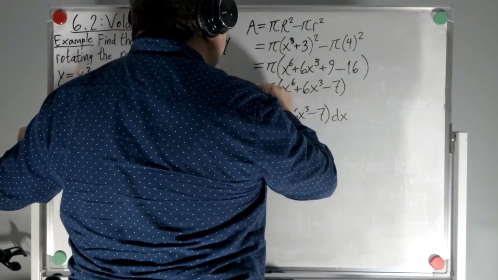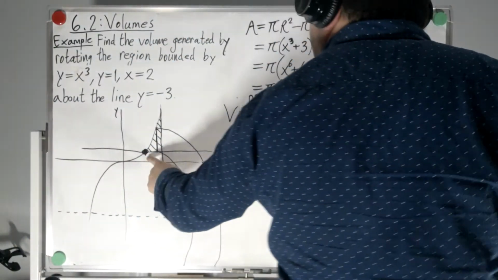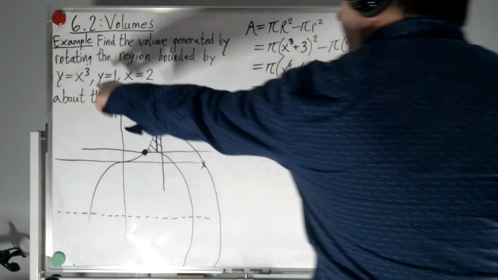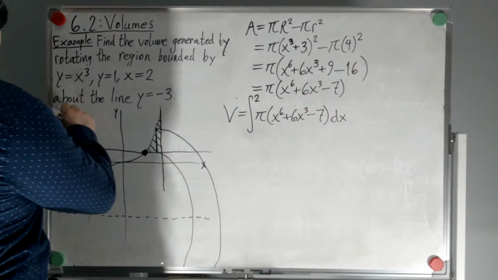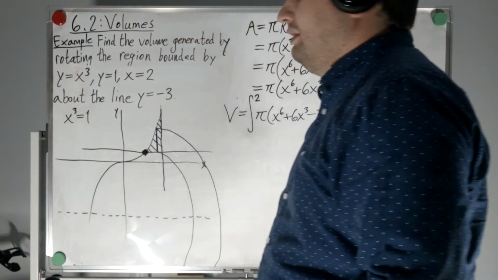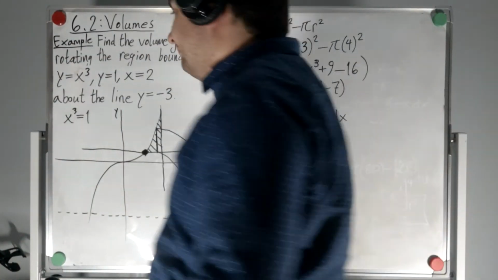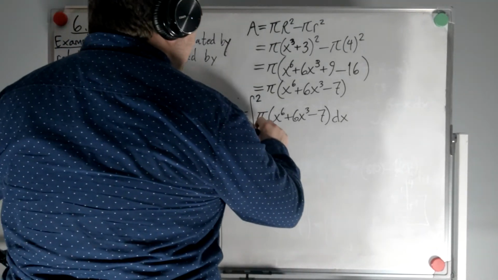So upper bound is 2. Then we need the point of intersection between x cubed and y equals 1. So you set x cubed to be 1. And then, of course, x is 1. So the lower bound is 1.